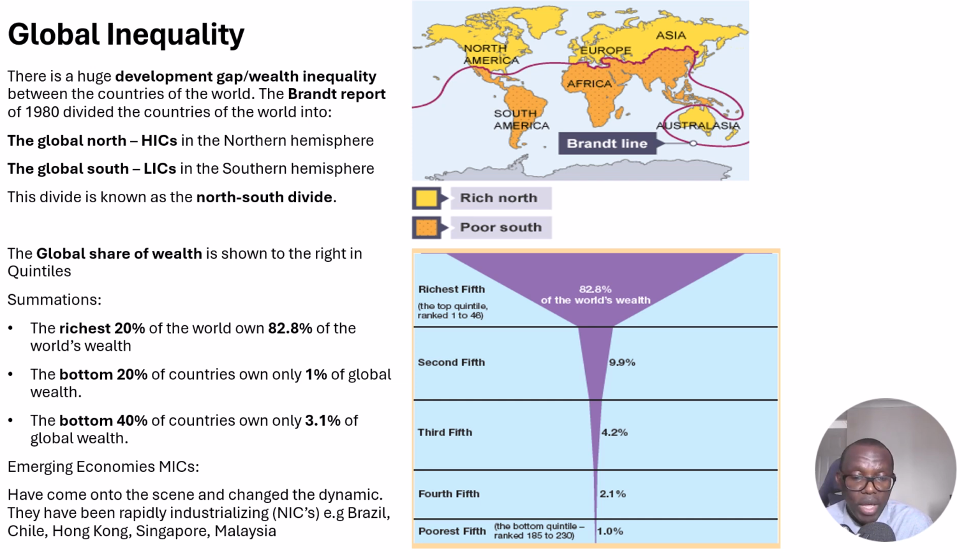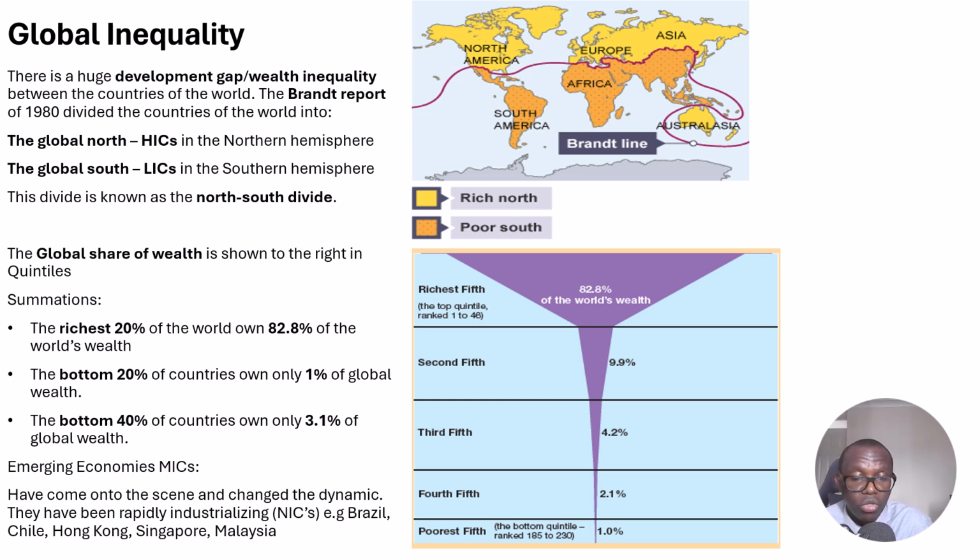Nowadays, however, we have what are referred to as emerging economies. Now, these have come onto the scene and have changed the dynamic that was suggested by the Brandt report in 1980. Those countries have been rapidly industrializing and obviously growing economically and wealth-wise.